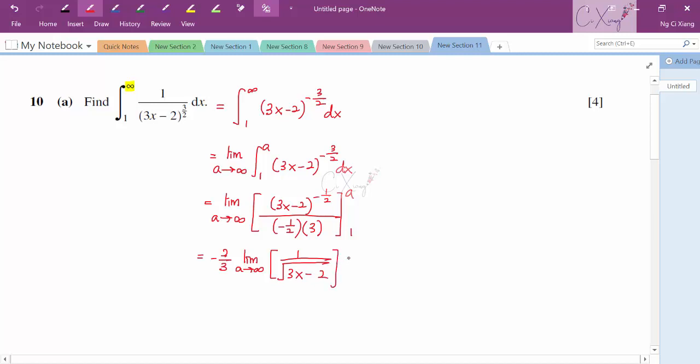After that, only then I will substitute the limits a and 1. When I substitute the limits a and 1, my equation inside will become 1 divided by square root of 3a minus 2, minus 1.